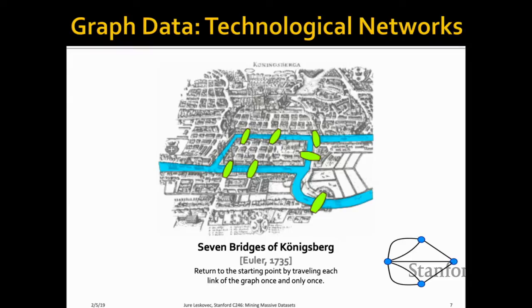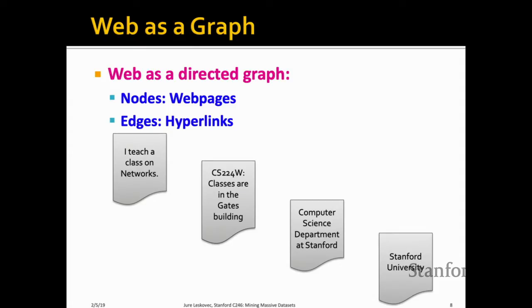But the point is that this is a technological network. It's a network describing human infrastructure. So you can think about describing roads, maps, water distribution networks, electrical grids, with networks, and then thinking about how you do optimization, robustness, and things like that over them. So basically, my point is that graphs are everywhere, and you don't have to look too hard to find them.